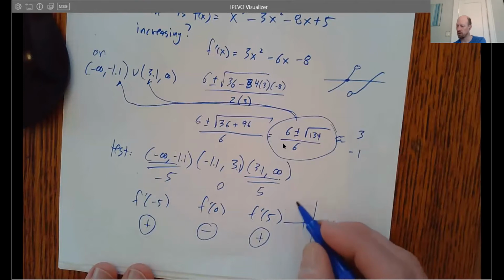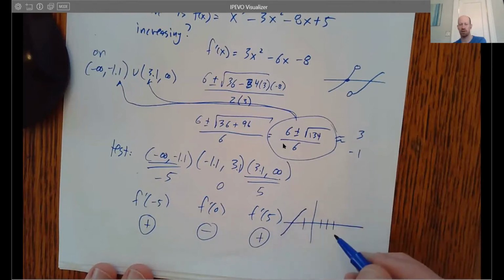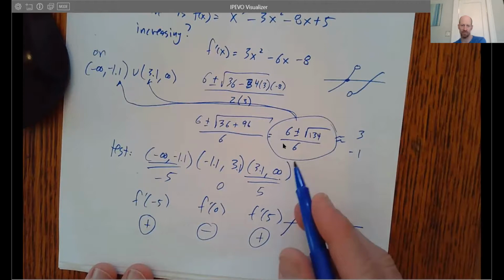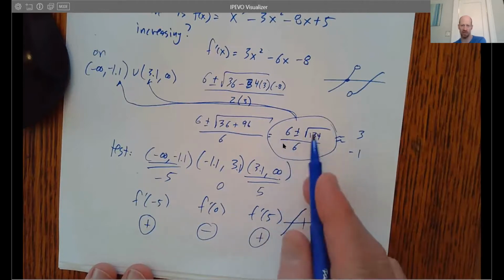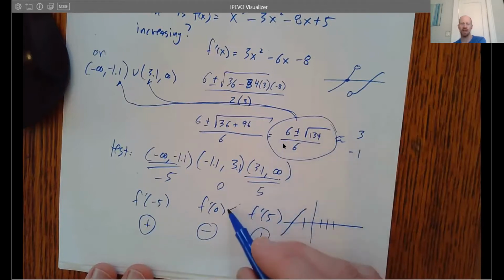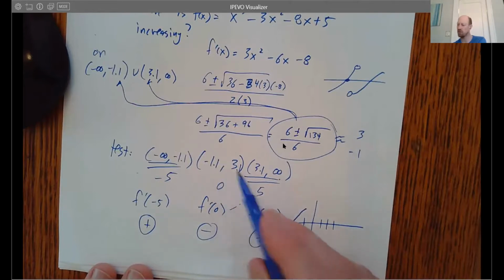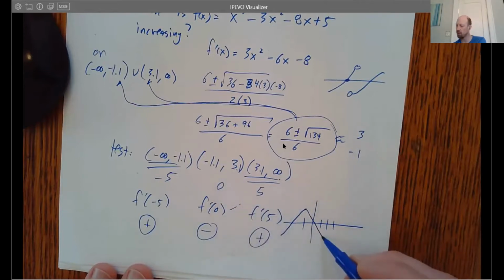It could be increasing up to here, or up to here, or somewhere in between, but wherever it is, it's increasing all the way up to minus 1.1 or whatever this value is. And then right at that point, it changes, and then it's decreasing all the way down to 3.1. At 3.1, again, it changes, and it begins to increase again.